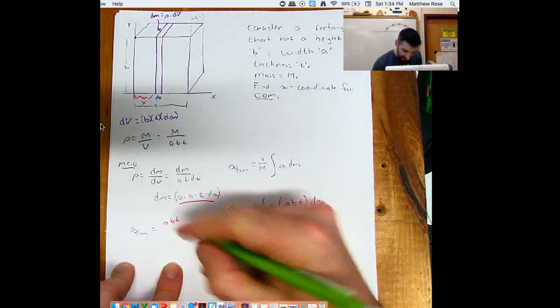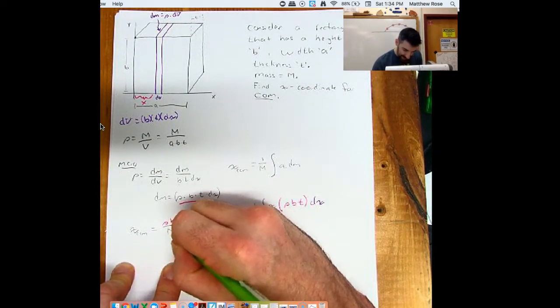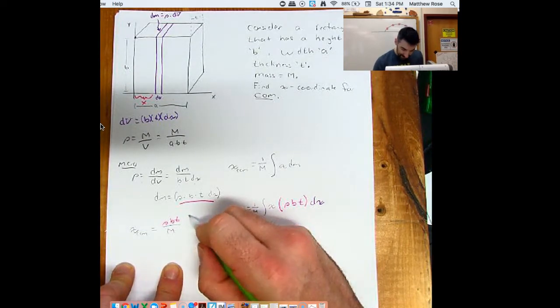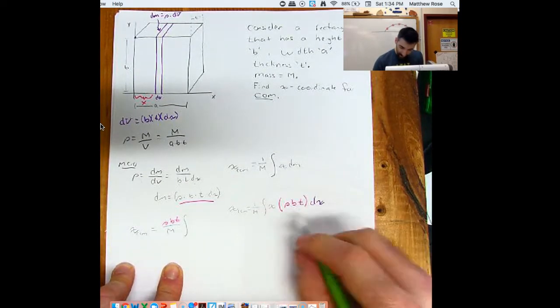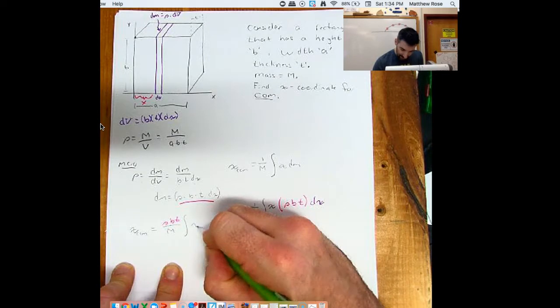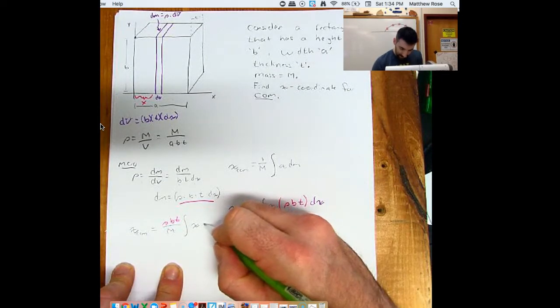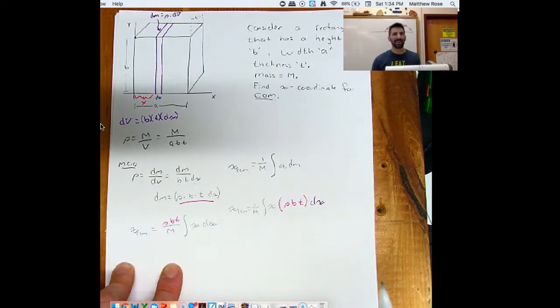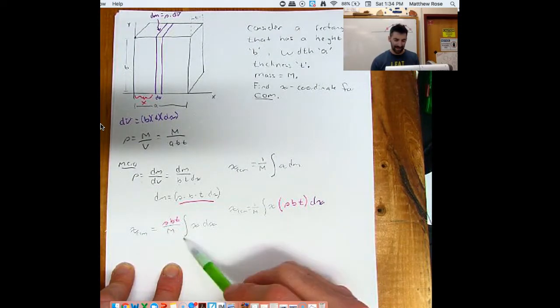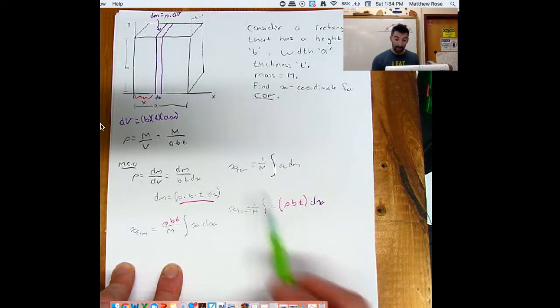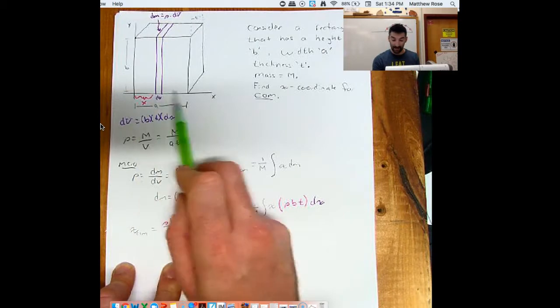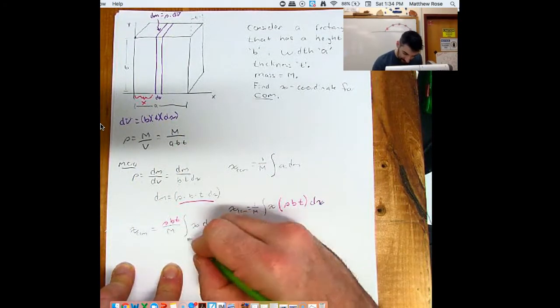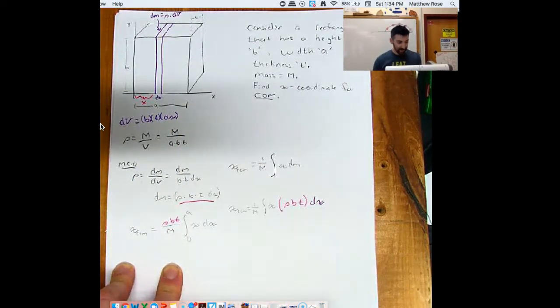It's divided by the total mass, m, times the antiderivative of x dx. Where am I taking the antiderivative from? I'm going about the x-axis from 0 to a.